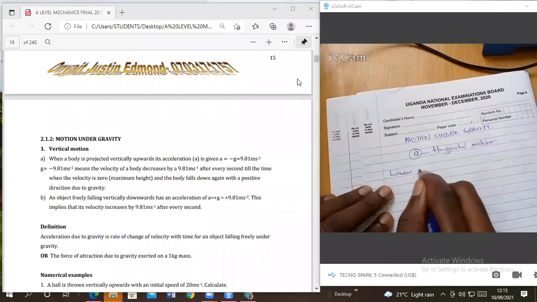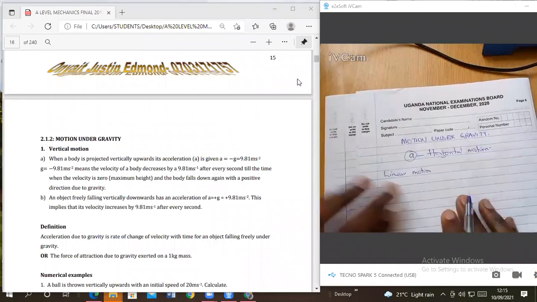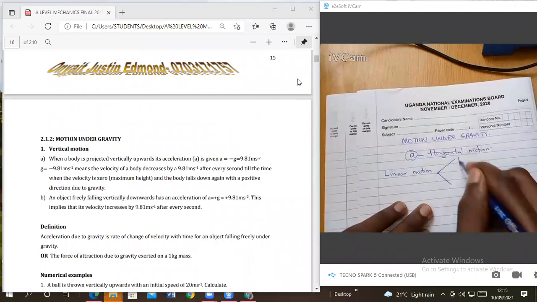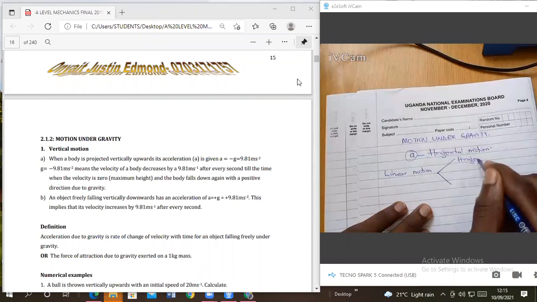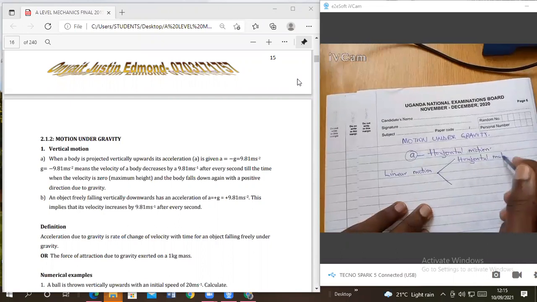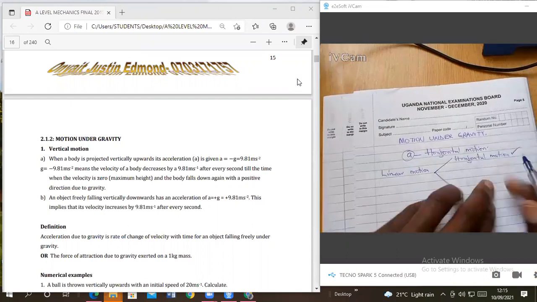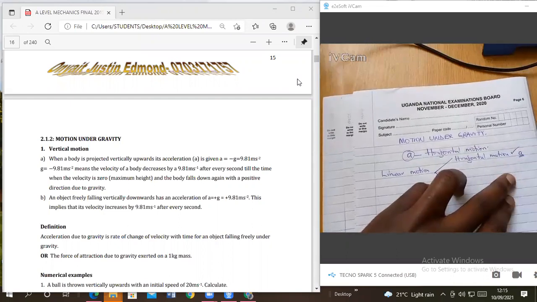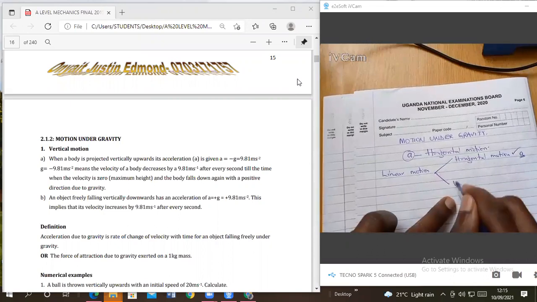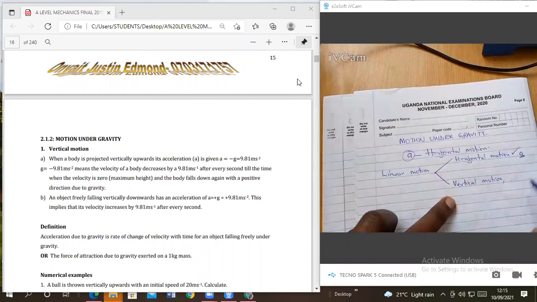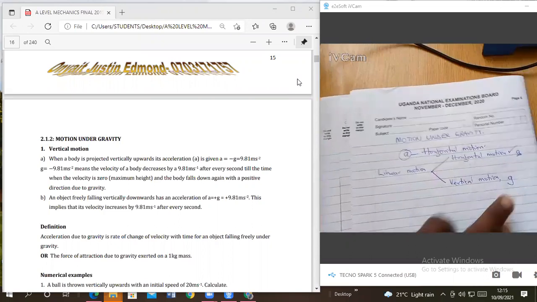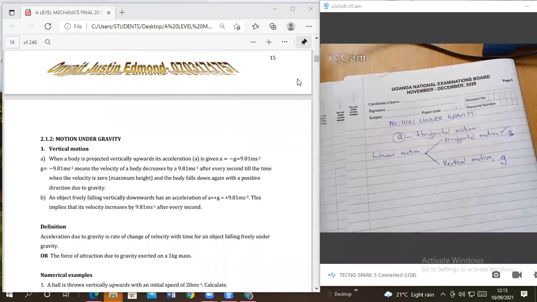We have horizontal motion, which is the first one we have looked at, where we use acceleration A. Then the second one is vertical motion, where acceleration now becomes acceleration due to gravity, G.